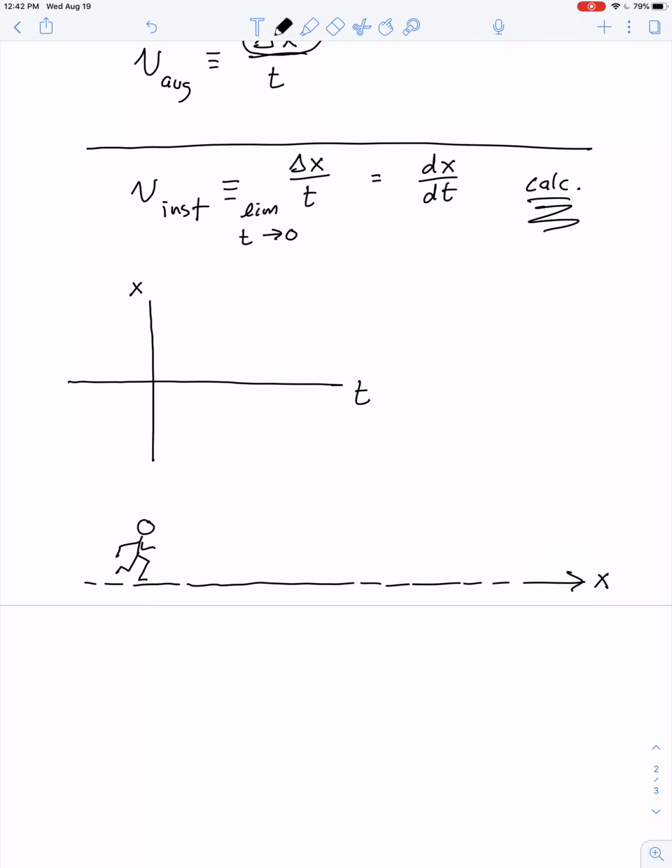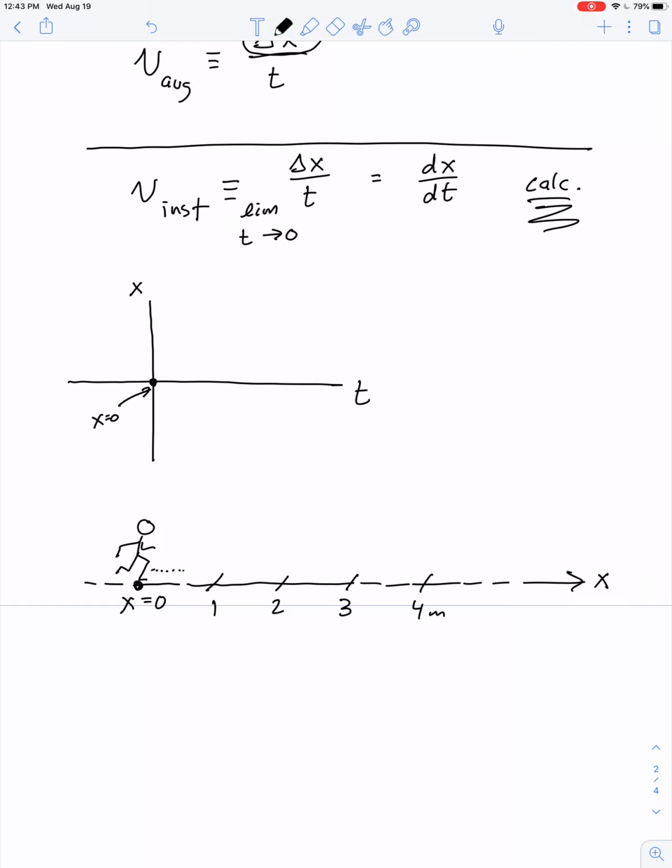There's the x-axis. They're starting out at the origin at x equals 0, and I'm just going to plot their movement over time. So we know they're starting out at x equals 0, and then let's say they travel to x equals 1 meter, x equals 2 meters, x equals 3 meters, and so on. And they do so at a steady rate.